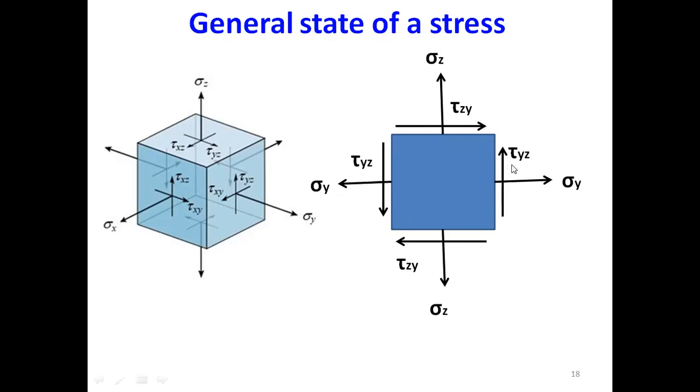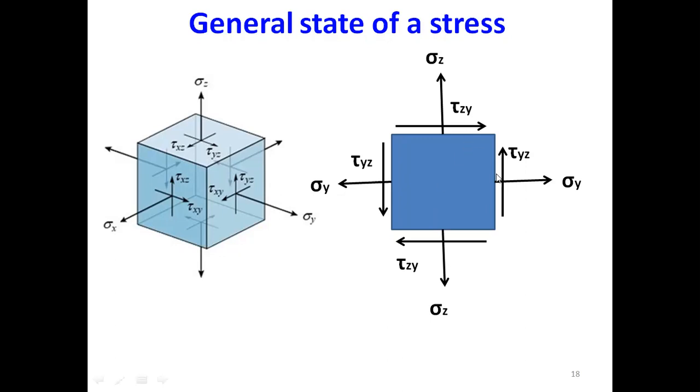So we have tau yz and tau yz, which is a couple, and tau zy and tau zy, which is a couple. These two couples must be equal in magnitude and opposite in direction.